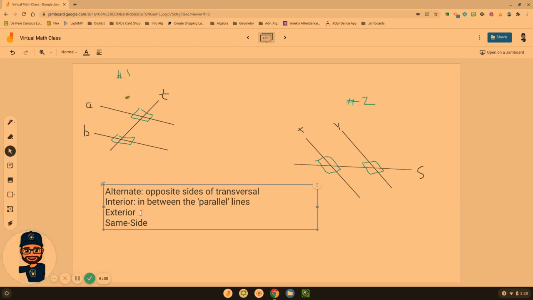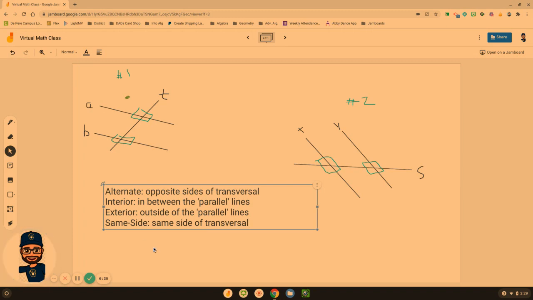That's what we're looking at, in between those parallel lines. Exterior really means the outside of those parallel looking lines. And the same side means on the same side of the transversal.